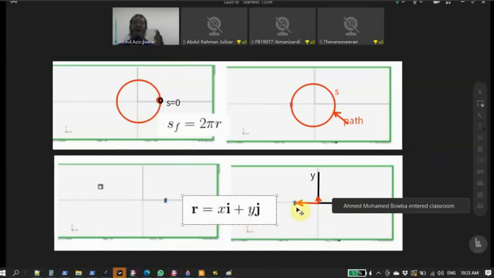Let's say this one is minus r cos theta. You just get the numerical values of x, and then the y values.